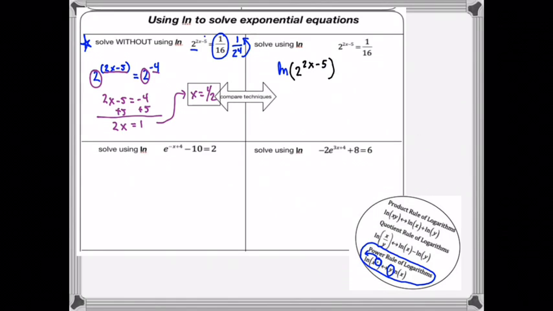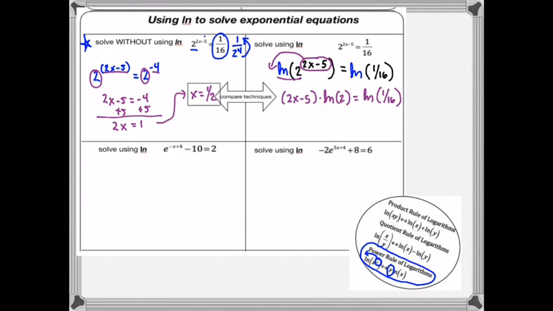Okay? So I have this, and notice that I got the natural log of 1/16 over here. So what happens that's clever about this is that the exponent comes out in front, and we are going to be left with 2x minus 5 times ln 2, which is what's left, equals ln of 1/16.